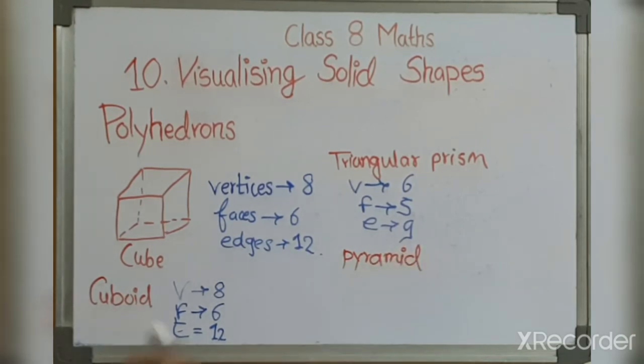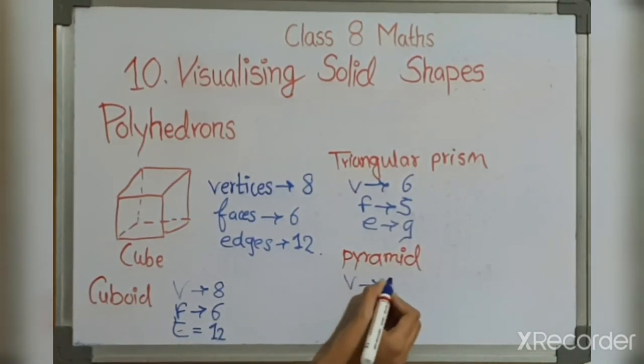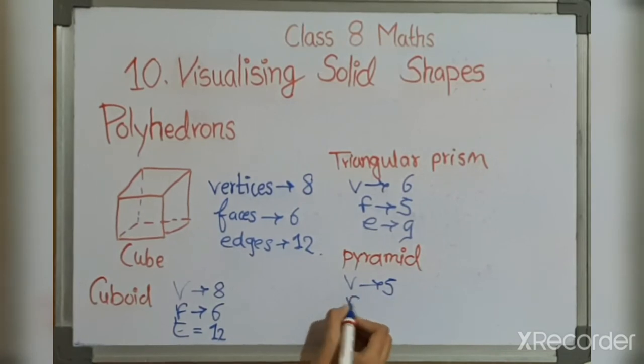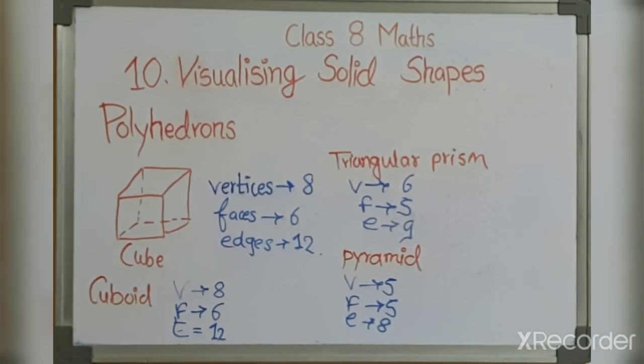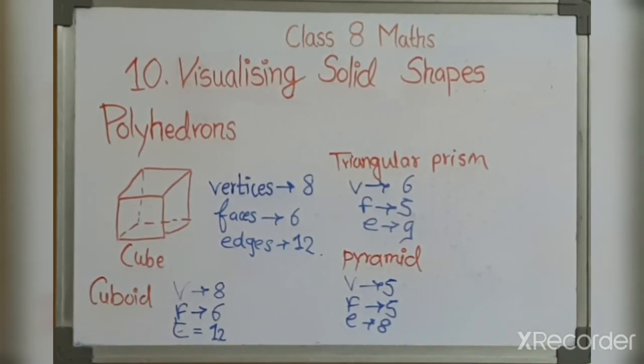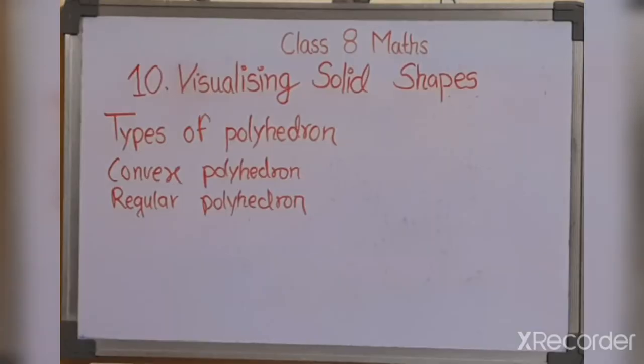This pyramid is having 5 vertices, then 5 faces and 8 edges. So these are the polyhedrons. Now these polyhedrons are classified as two types, that is convex polyhedrons and regular polyhedrons, about which we will see now.